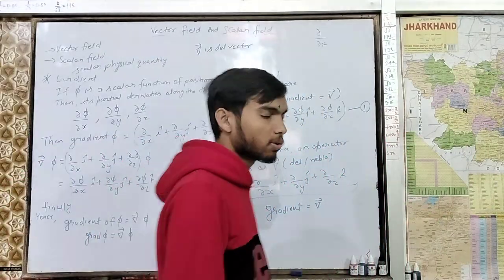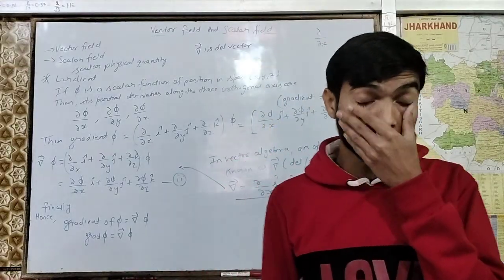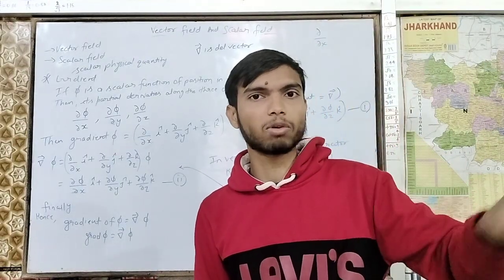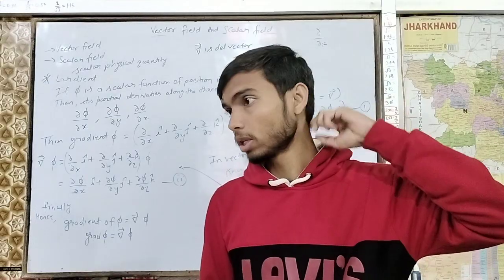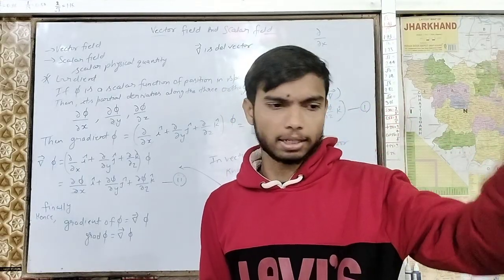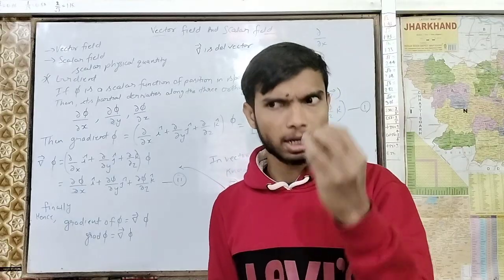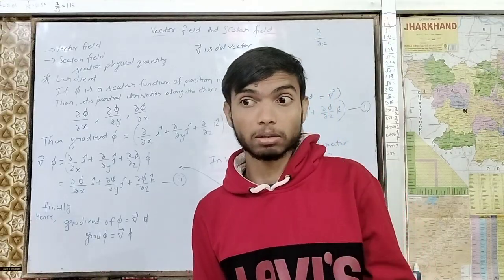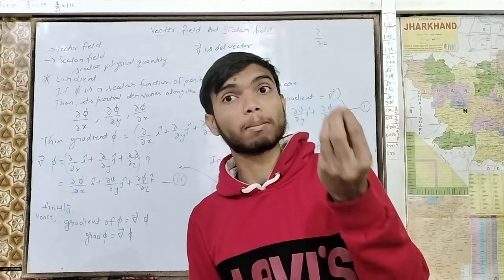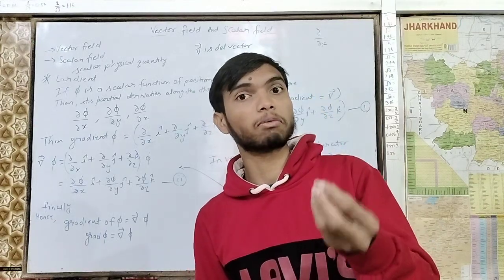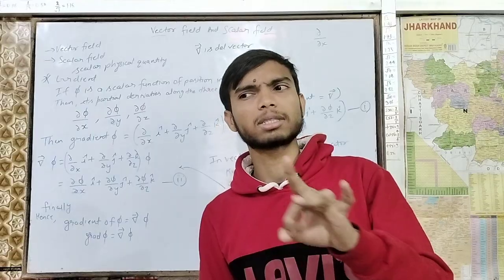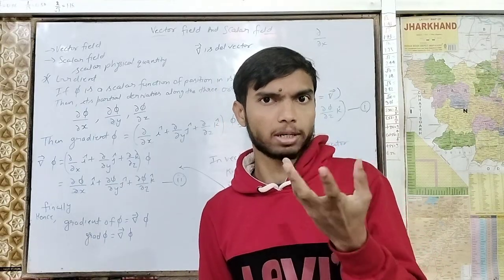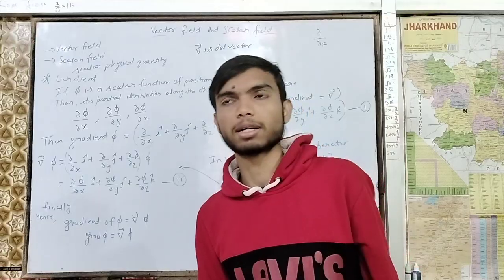But this will not happen every time. When you are using the del operator with a scalar quantity, yes, there is a good chance to get a vector quantity as a result.